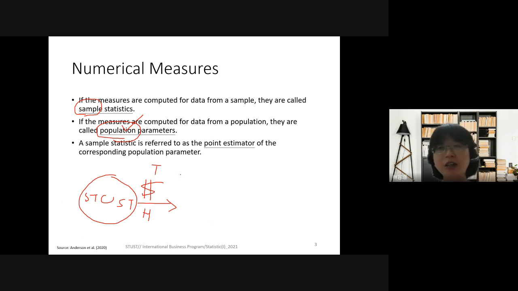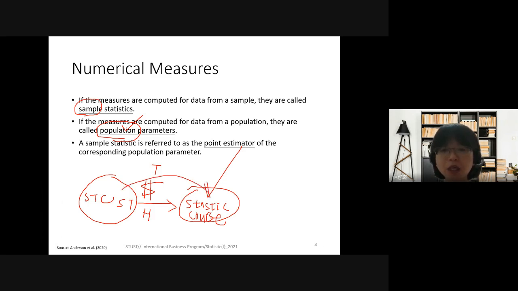And it's very lucky for me because I met you in the classroom. So I decide you are my sample for such a study. So the students in the statistics course, yes, you are the sample for me on behalf of the students in STUST.